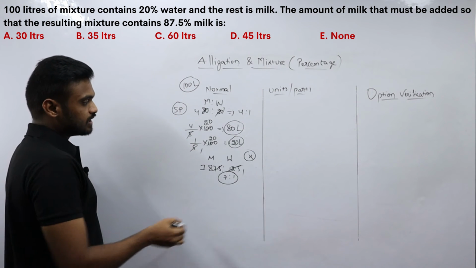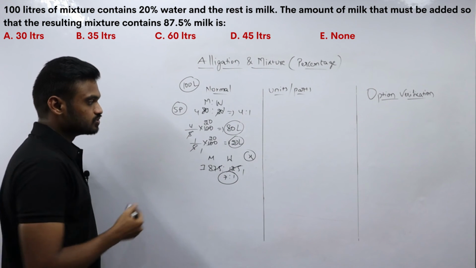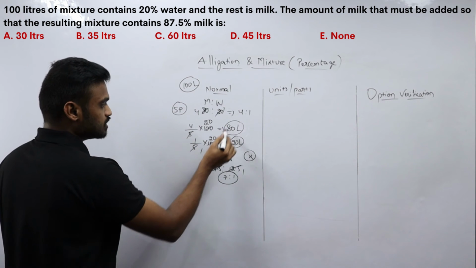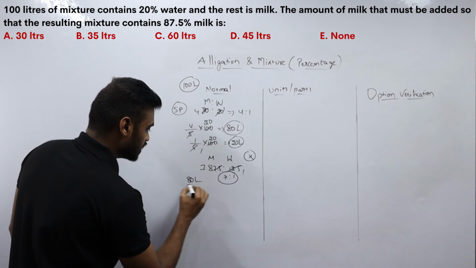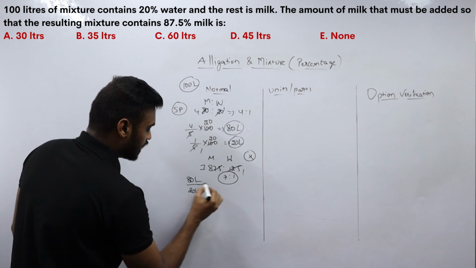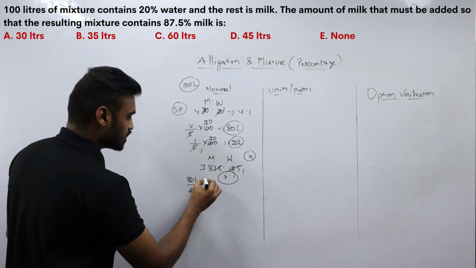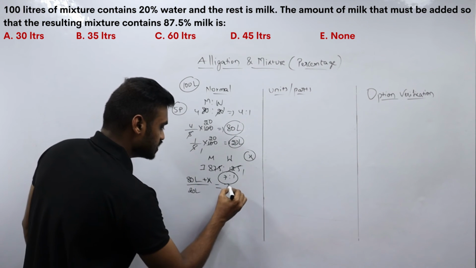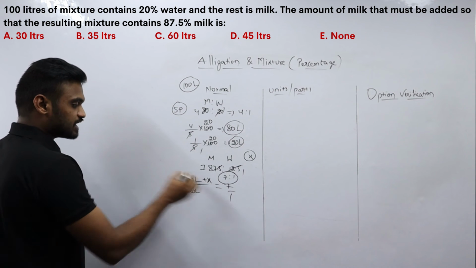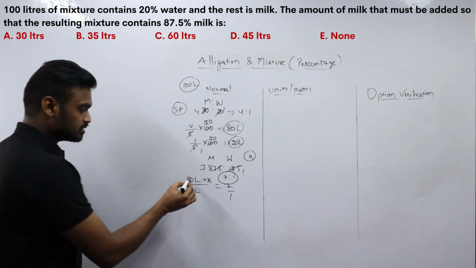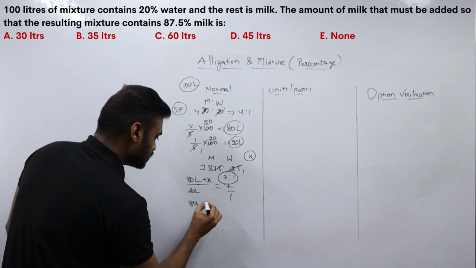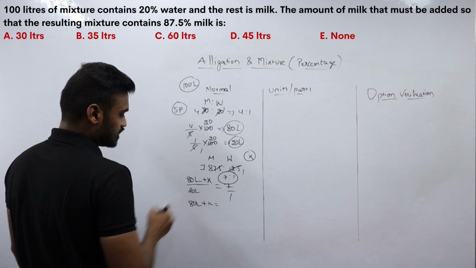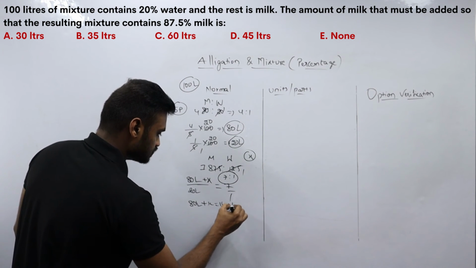Okay. Now I am writing all this data in the form of an equation. So I will get this 80 liters by 20 liters. I am adding X liters of milk such that the final quantity becomes 7 by 1. Now if I cross multiply this, I will get 80 liters plus X equal to 7 twenties, that is 140 liters.